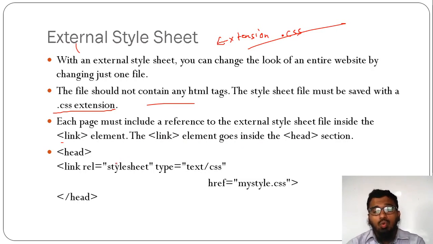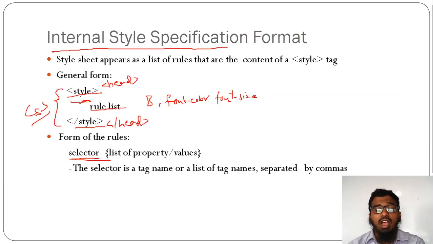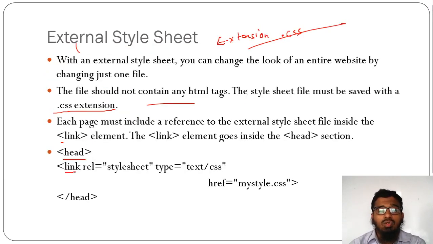Okay, so just remember that if you want to write the internal and external, that should be in the head tag. In internal we use the style tag, but in the external we use the link tag. Link, rel, relation, equals stylesheet.